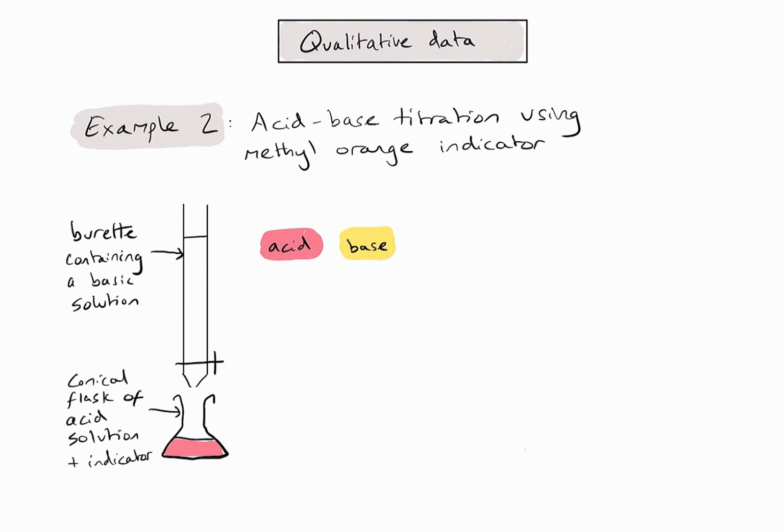Now that sounds easy enough, but as I add my basic solution to the acidic solution and begin to neutralise it, the colour change we're actually looking for in between red and yellow is an orange colour. Now this might be a useful qualitative observation, because identifying exactly the same orange colour in each trial of your experiment is going to be difficult because we are humans and our judgment of colour is certainly not perfect.